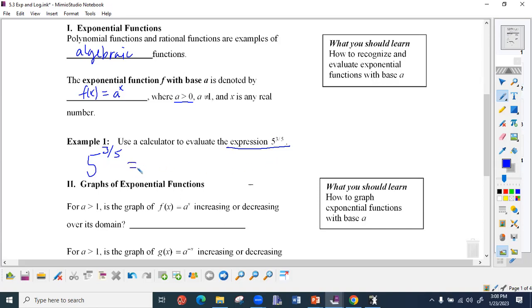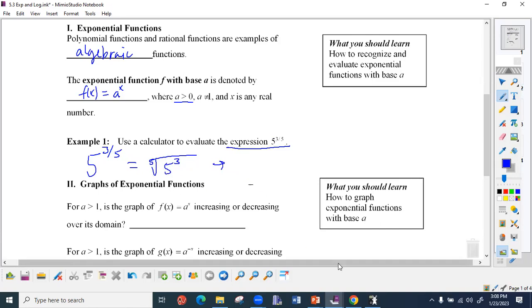Another way this could be written: the denominator represents the index of your root, and the numerator represents the power. Just wanted to bring that back up.